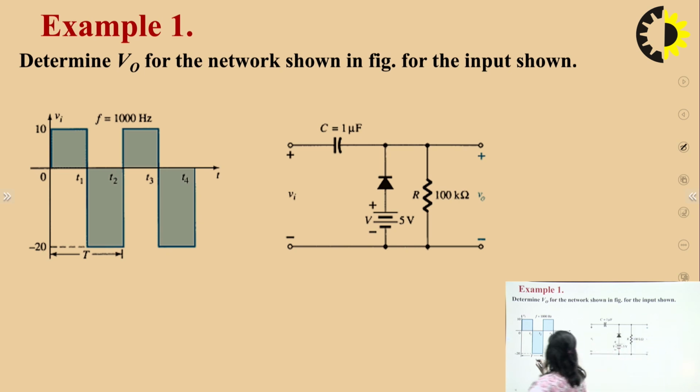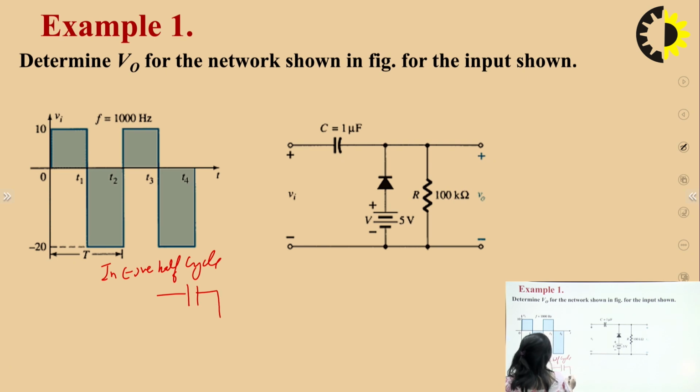So in negative half cycle, equivalent circuit. Negative half cycle, the equivalent circuit will be in this way, and this is the ideal diode. So it will be replaced with the short circuit, like in this way.